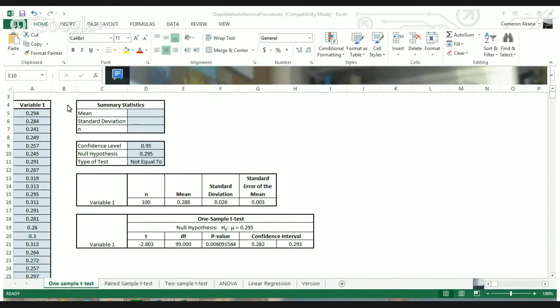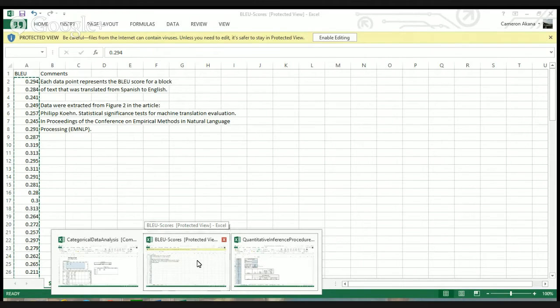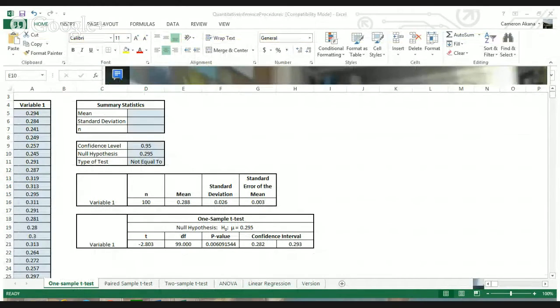Try going back to your blue scores and recopy and paste those over. And don't delete the ones that are in there first, just paste on top of it.